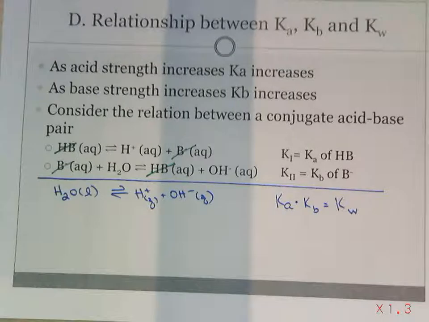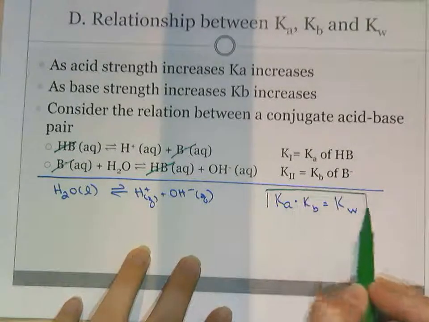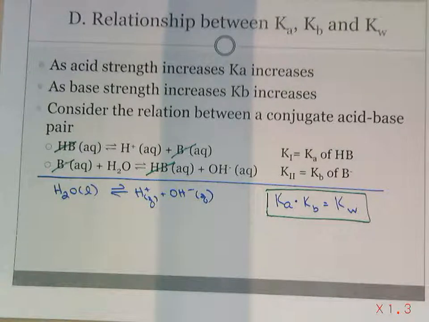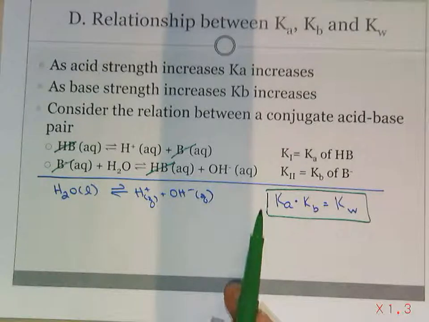So this is super useful. Kind of like we do with pH, we know that pH plus pOH is 14. I now have a relationship of Ka to Kb, which means if I know half the reaction, I can figure out the other half because Kw is a constant.